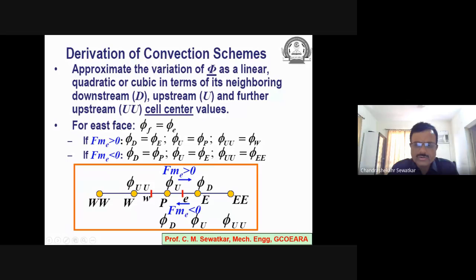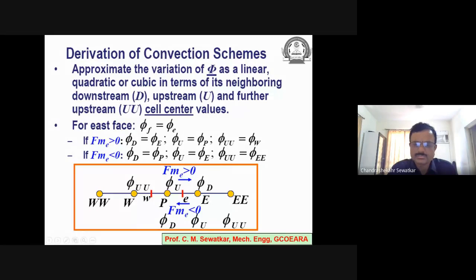So if I want to determine the value of the variable on the east face, this east neighboring cell center will now be called phi d if my flow is occurring in the positive x direction. This will be phi u, that is the upstream cell center, when my flow is occurring in the positive x direction. And this is phi uu when my flow is occurring in the positive x direction.